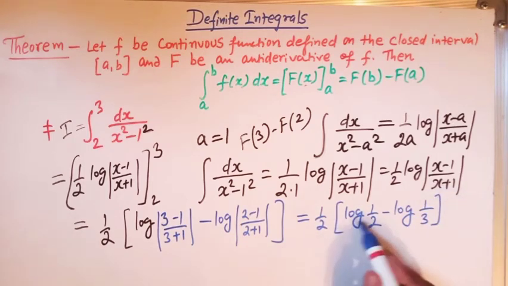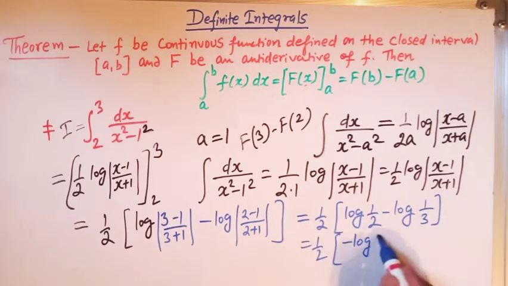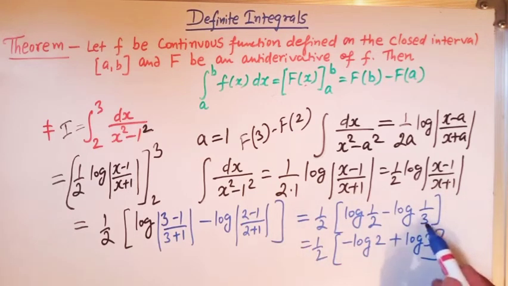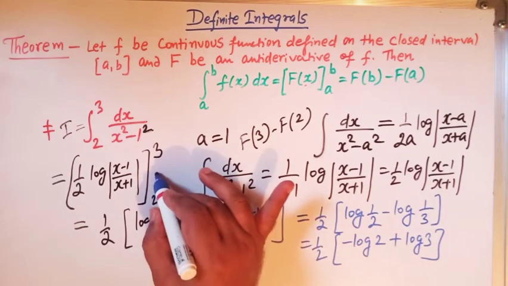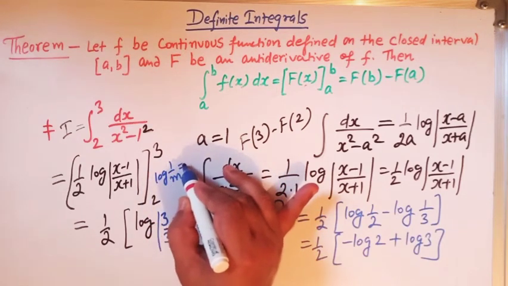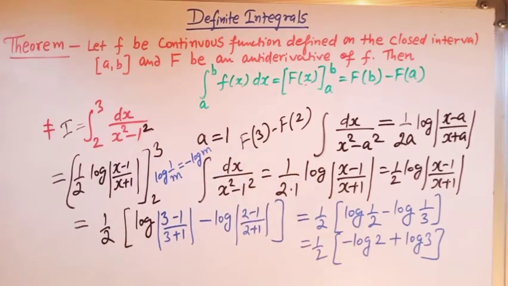So this is log 1 by 2 minus log 1 by 3. Now this can be written as minus of log 2, and this is plus log 3. Here we have used the formula that log of 1 over m is equal to minus of log m, right?